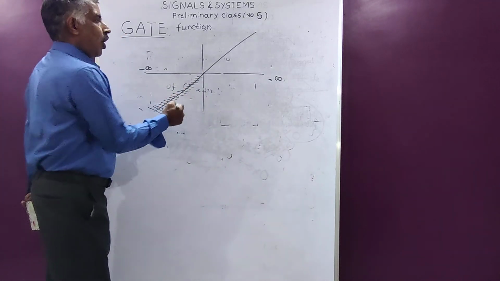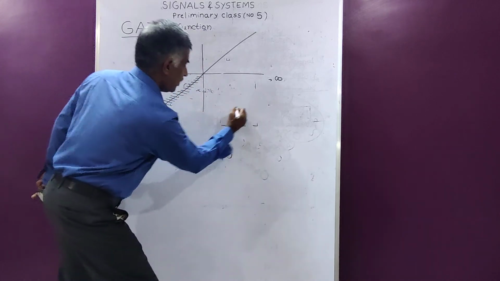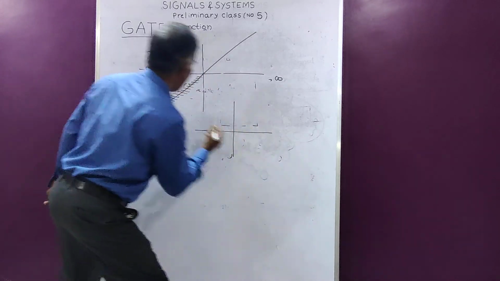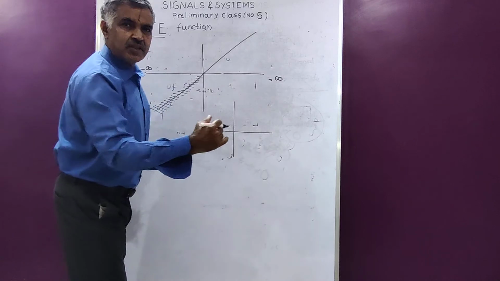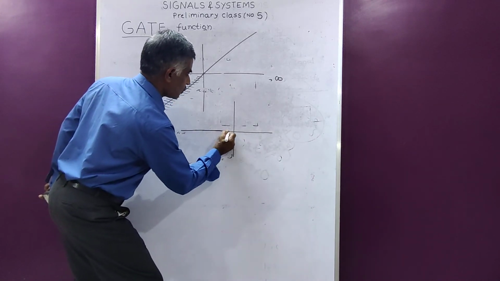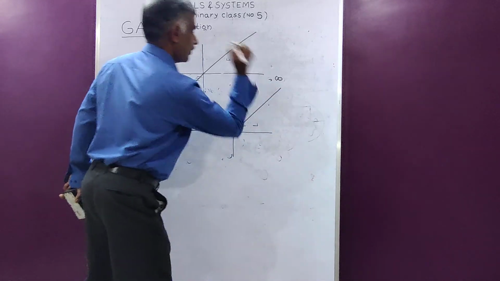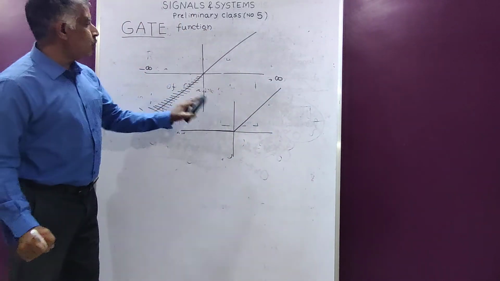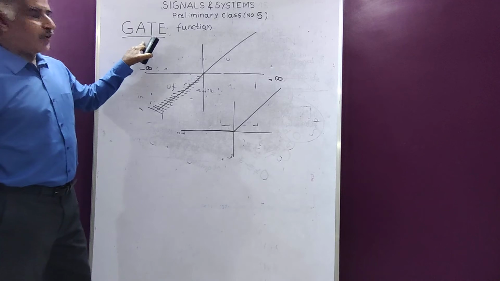After erasing, how does the waveform look? The waveform looks like this, because this has been erased. Erased means 0. So after erasing, it looks like this. You can do this erasing with the gate function.